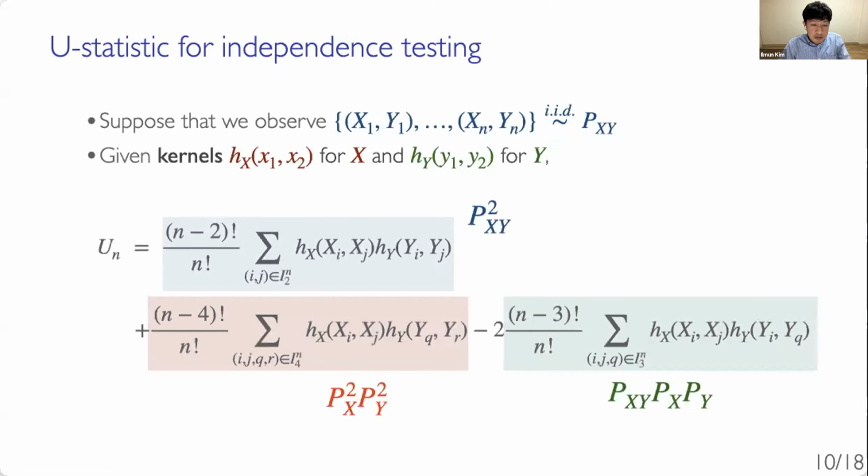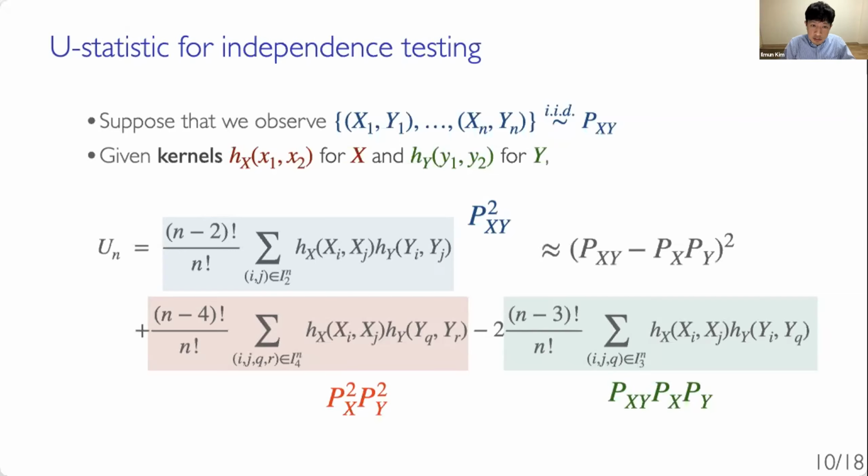Again, it looks quite complicated, but roughly speaking, the first term estimates the square of the joint distribution P_XY, the second term estimates the square of the product distribution P_X times P_Y, and the last term estimates the product of the joint distribution and the product distribution.